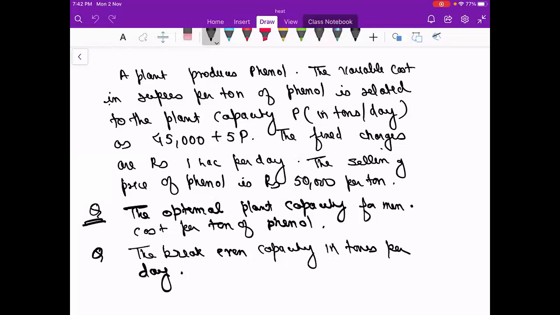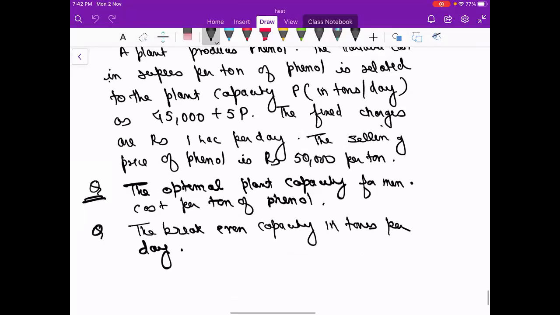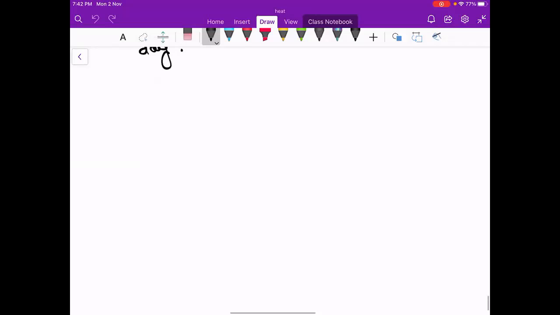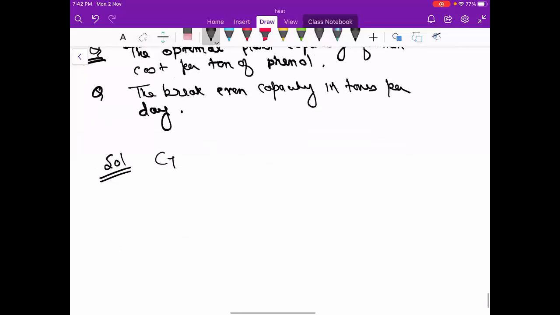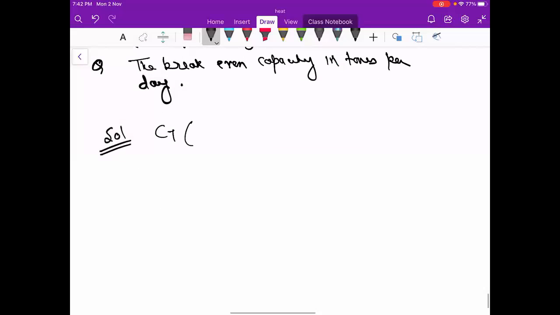Okay, we will solve the question. We want CT, cost per ton, as they have mentioned here.